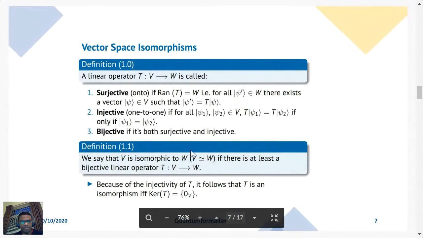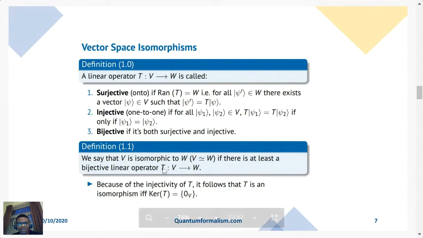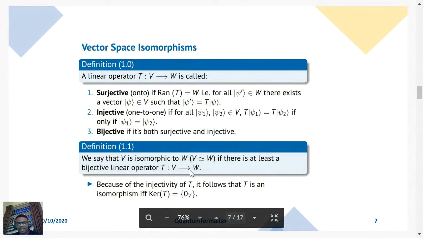So this brings us to the concept of isomorphism. We say V is isomorphic to W, and we write this, if there is at least one bijective linear operator from V to W. So you only need to find one linear operator, or construct one, that's bijective for V to be isomorphic to W. And now I challenge you with this: obviously, because an isomorphism is an injective operator, it follows that T is injective only if the kernel of T is 0_V.